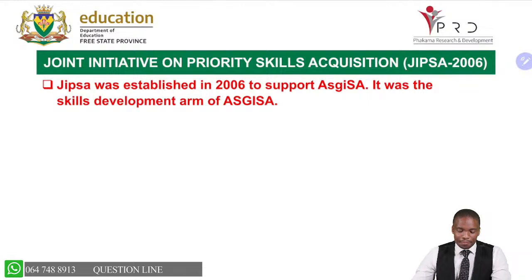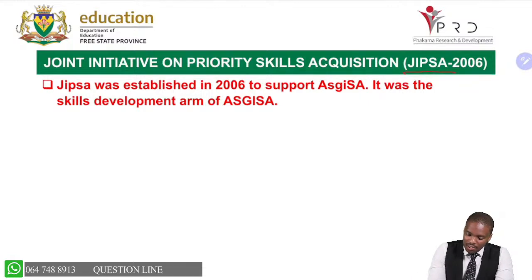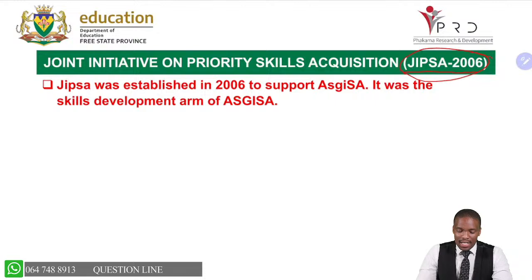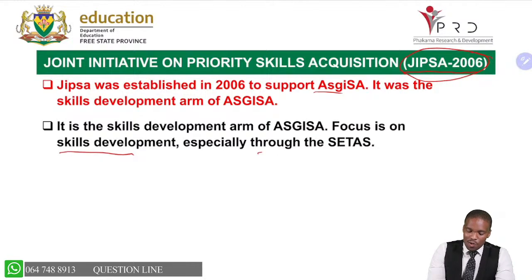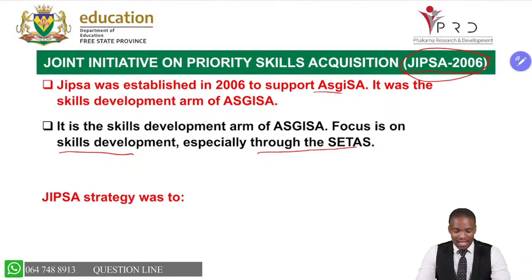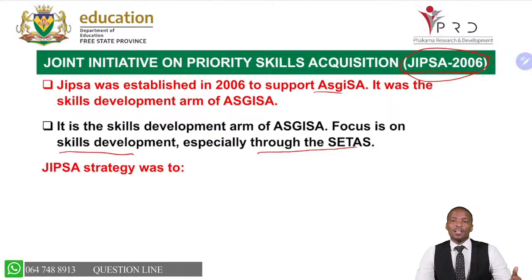The other one is JIPSA. This one was established in 2006. Also there to support ASGISA. It is the skills development arm of ASGISA, and it focuses on skills development through the SETAs. We could say that at least SETAs are trying to upskill people in South Africa.